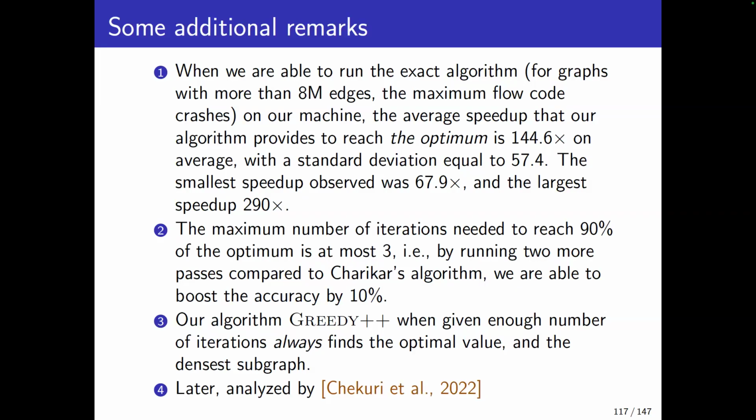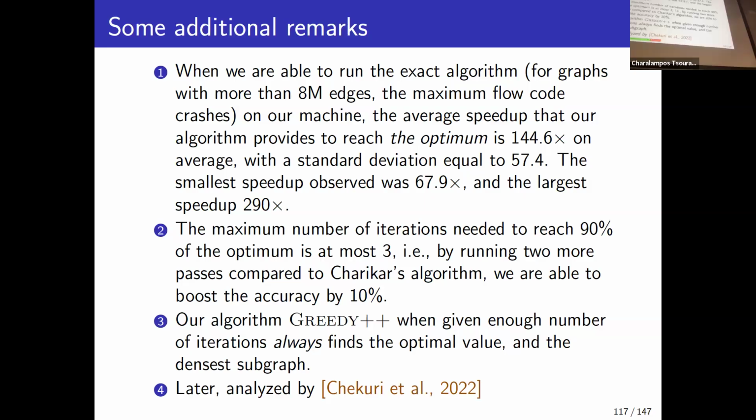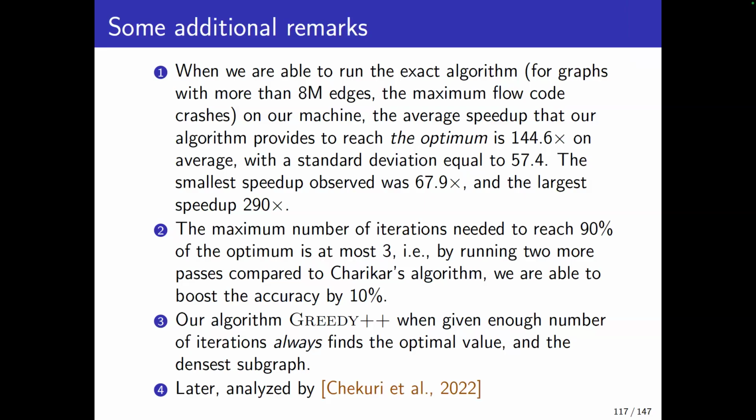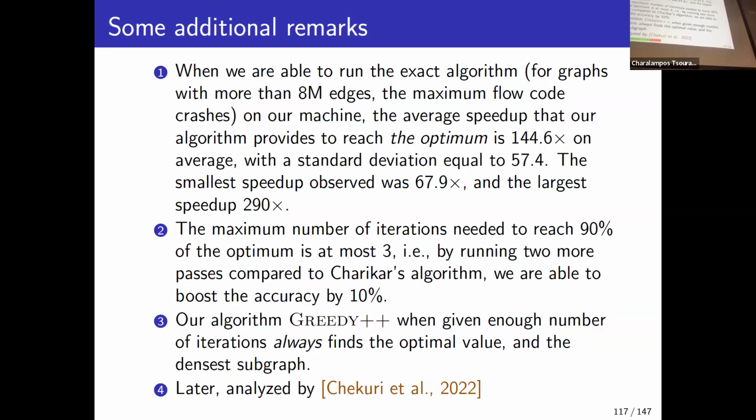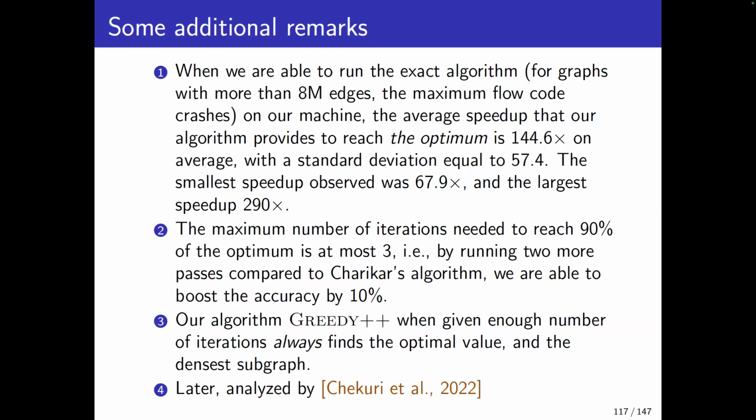I can tell you the parameters to get something which is epsilon away from optimum. It depends on 1 over epsilon squared, plus some more parameters, max degree and log n. Basically, he set the number of iterations to get optimality results. You can see the speedups, 67.9, and the largest was 290 times, and so on.